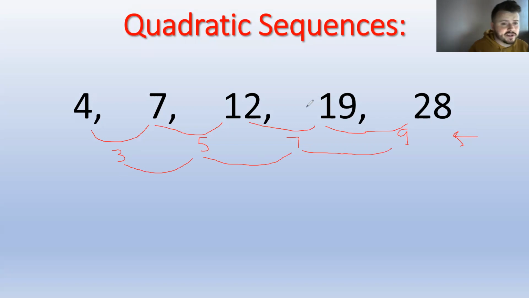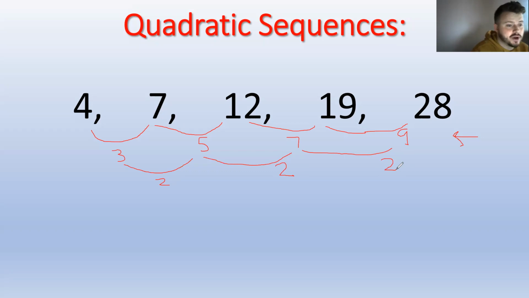And we can see that the difference between all of those numbers is the same. It's consistent. The difference between 3 and 5 is 2. The difference between 5 and 7 is 2. And the difference between 7 and 9 is 2. So we now have a consistent common difference in the second difference, okay? Because it was a second difference that's the same, that's how we know it's a quadratic sequence, okay?